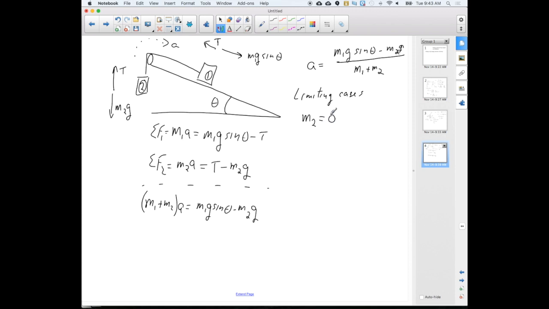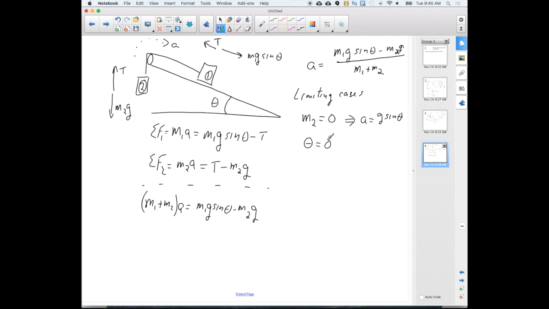M2 equals 0 gives us acceleration is g sine theta. What happens if theta is equal to 0?